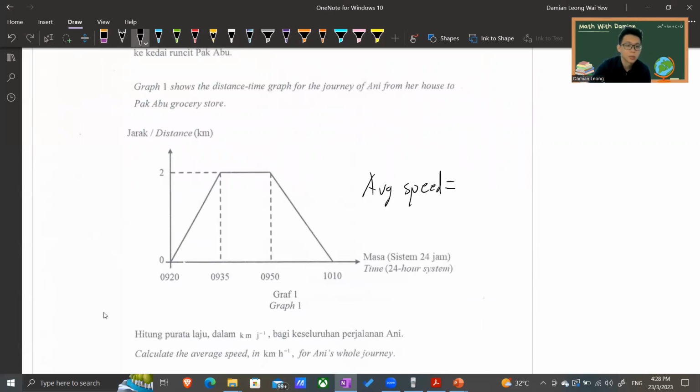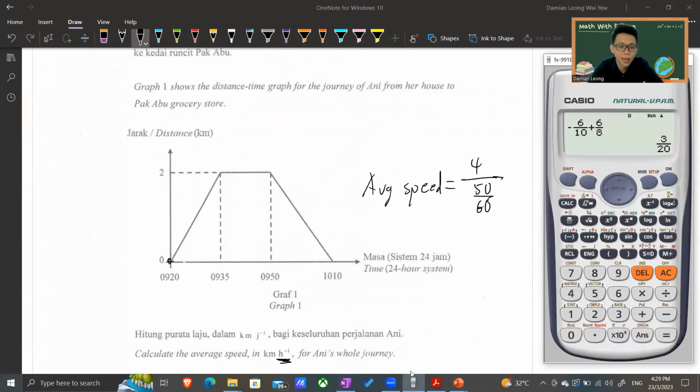Total distance traveled is 2 km plus 2 km: 2 km going away, 2 km going home. 4 over the total time taken. 9:20 to 10:10 is 50 minutes, but I want km per hour, so the time has to be in hours. So I have to divide by 60 here.